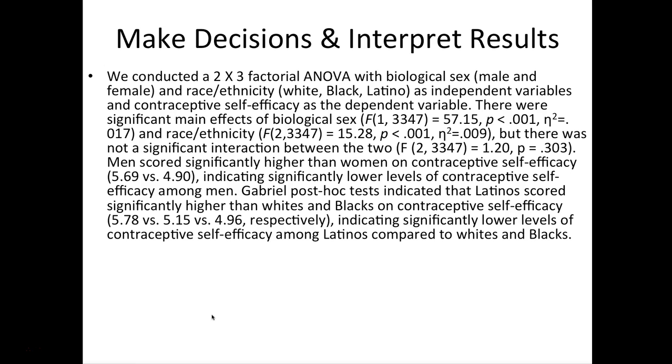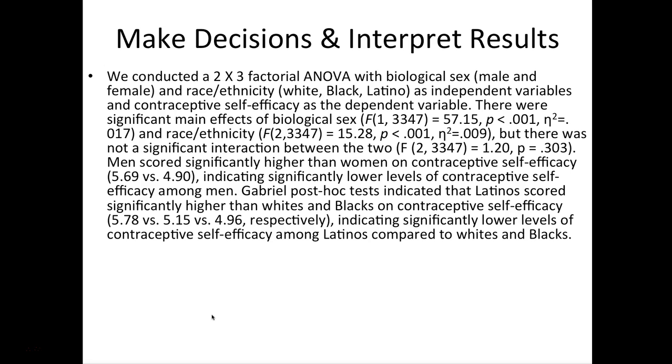your assignment. So we conducted a 2x3 factorial ANOVA with biological sex, male and female, and race ethnicity, white, Black, Latino as independent variables, and contraceptive self-efficacy as the dependent variable. There were significant main effects of biological sex, and we have the F information there, and race ethnicity, but there was not a significant interaction between the two.